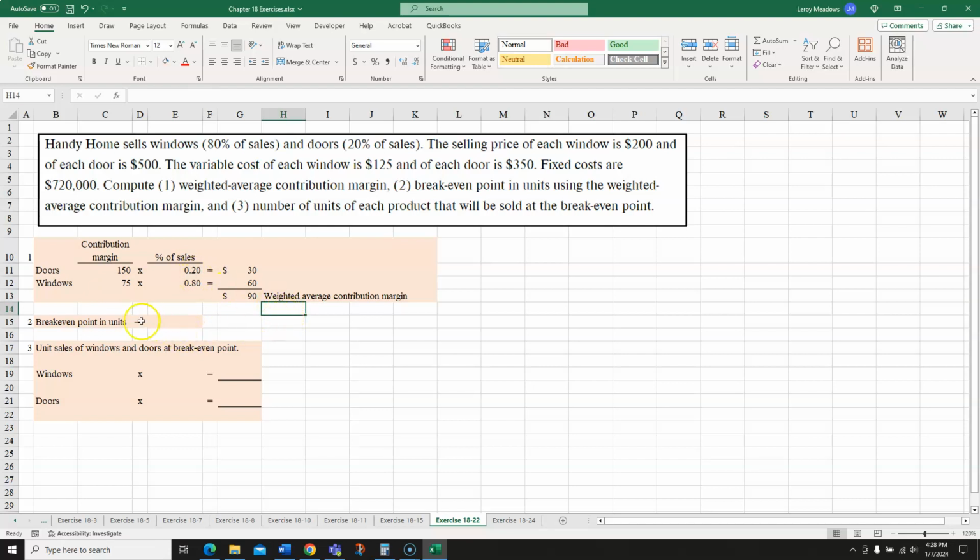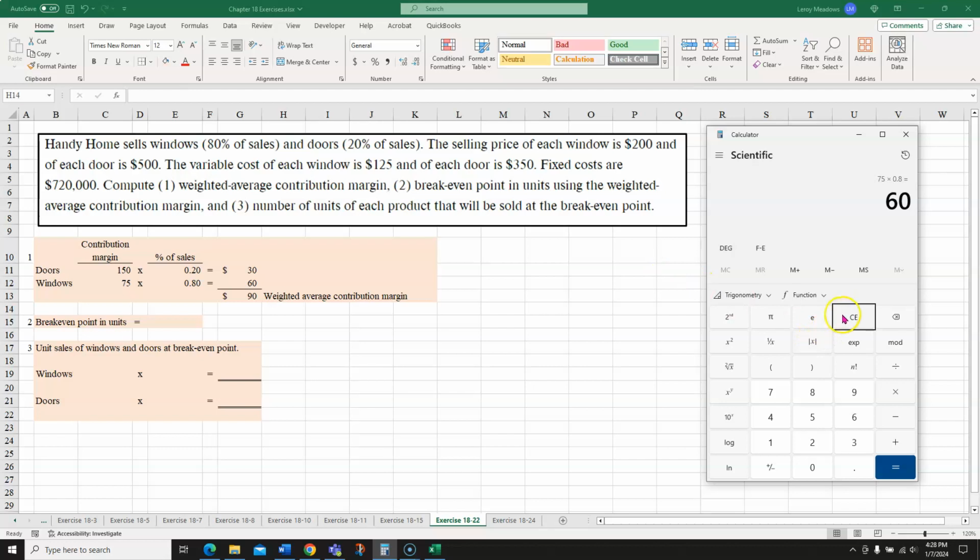So now to take my break-even point in units for my bundled products or my sales mix, I'm going to take my fixed costs of $720,000 and divide that by my weighted average contribution margin. And again, we're using weighted average contribution margin because we have multiple products here. So I'm going to take that $720,000 and divide that by $90.